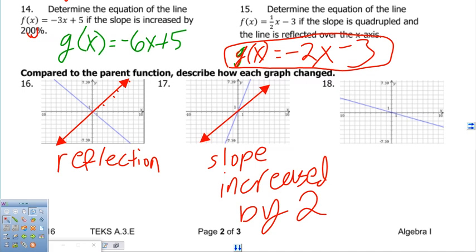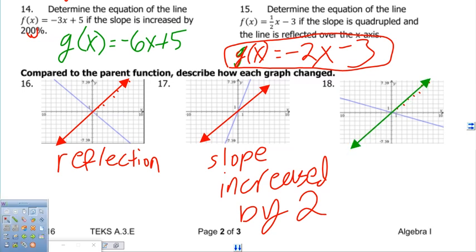Okay, and then if we look over here at number 18, we can go ahead and get our line going here. So like that, and then we can pull ourselves a line across here. Just like that.